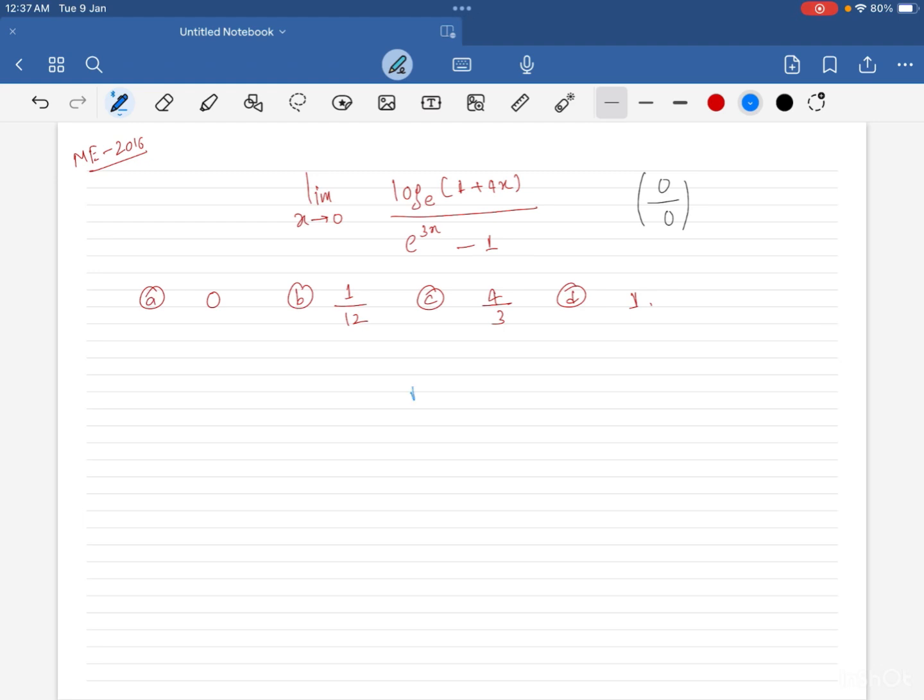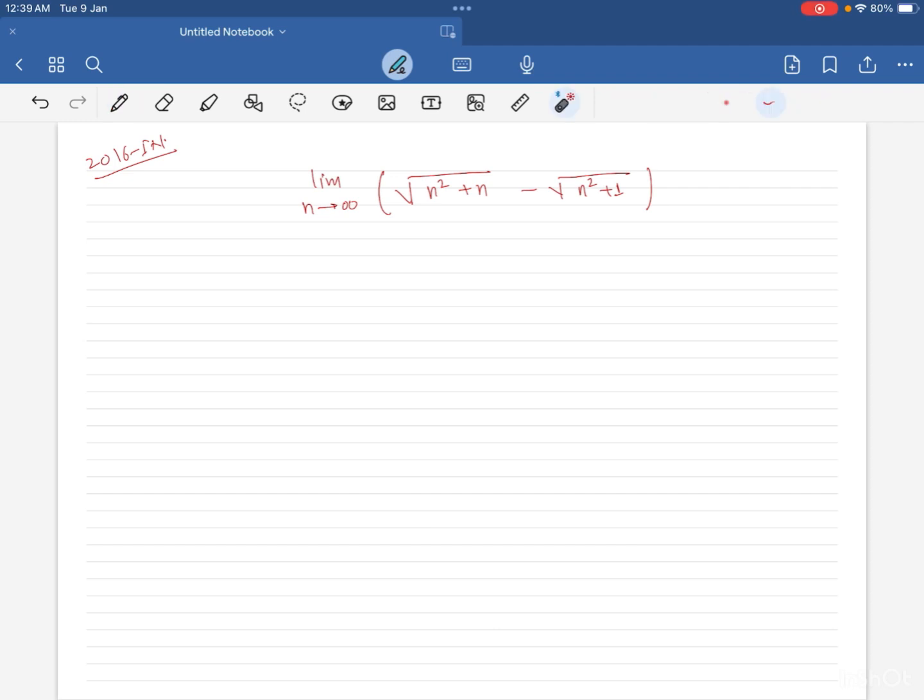Then you will get 1 divided by 1 plus 4x into 4, divided by e to the power 3x into 3, and limit x tends to 0. Now put the limit, you will get 4 divided by 3.